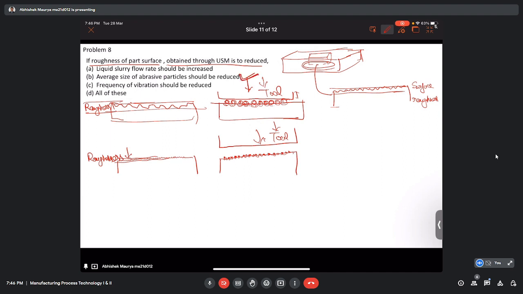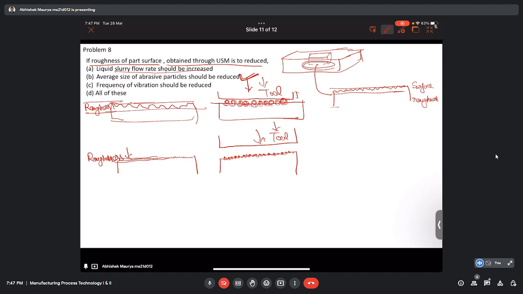Whereas if we see the other options, like if we increase the slurry flow rate, then what will happen? Increasing slurry flow rate means the slurry which has already been utilized for material removal will be washed away and replaced by similar kind of slurry.